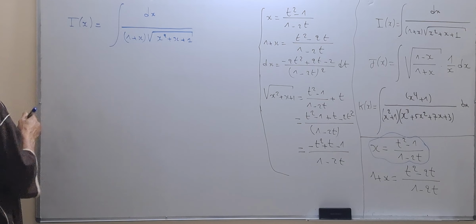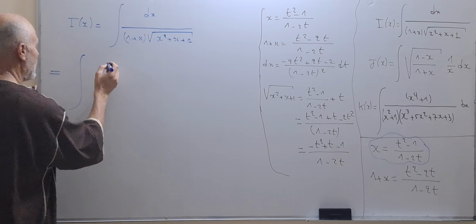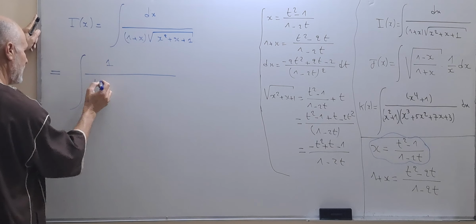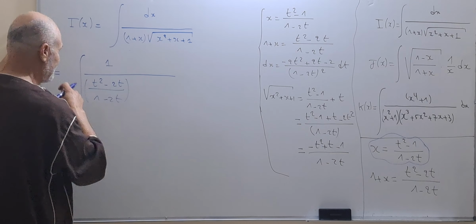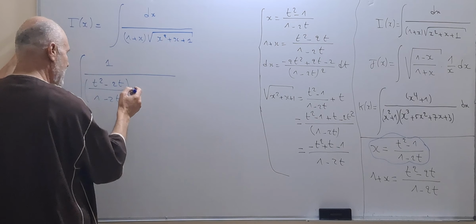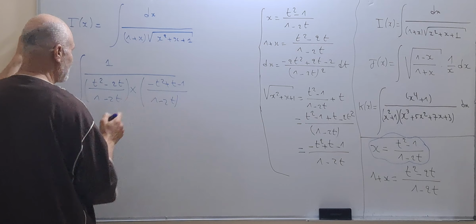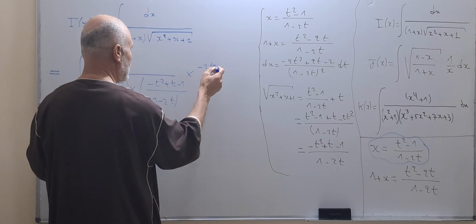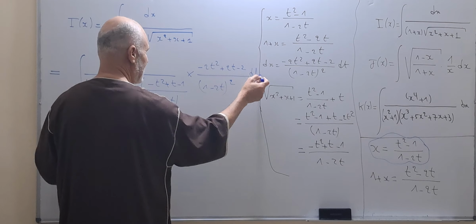Anyway, this integral takes the form: 1 over 1 plus x, which is actually t squared minus 2t over 1 minus 2t, times the square root of x squared plus x plus 1, which is minus t squared plus t minus 1 over 1 minus 2t, and dx is minus 2t squared plus 2t minus 2 over 1 minus 2t squared dt.